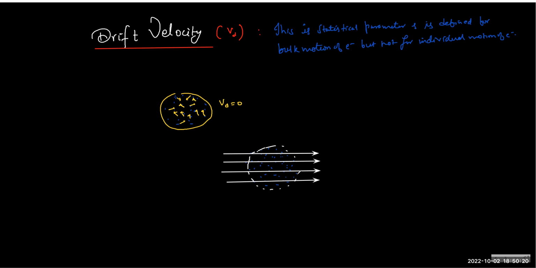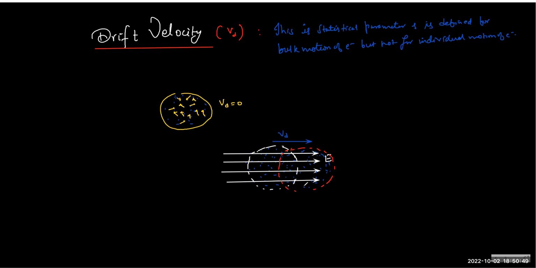The rate at which the cluster shifts in the direction of the applied field, let's say the E field, keeping the randomness, is what we call drift. It is still random.